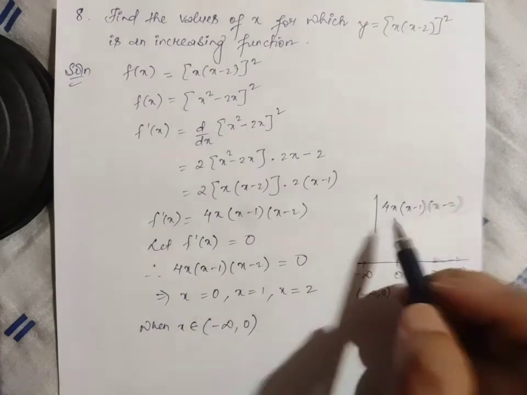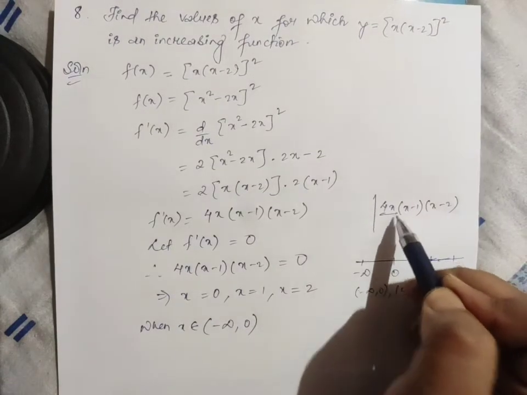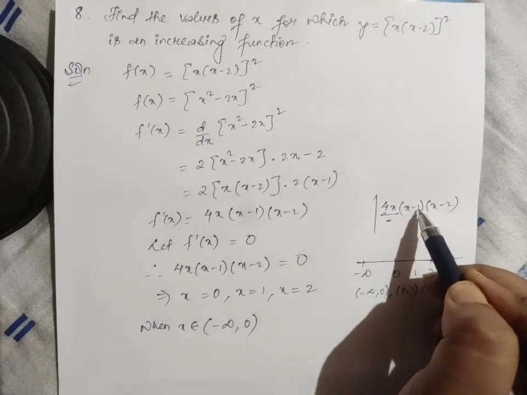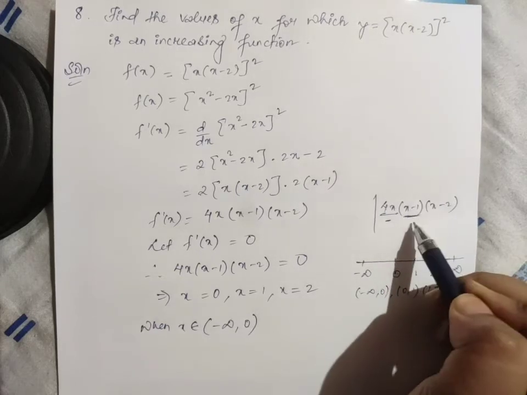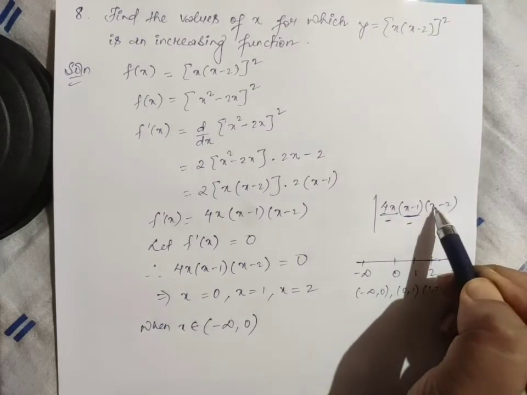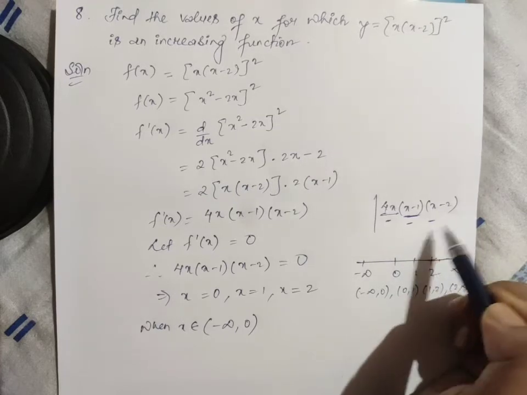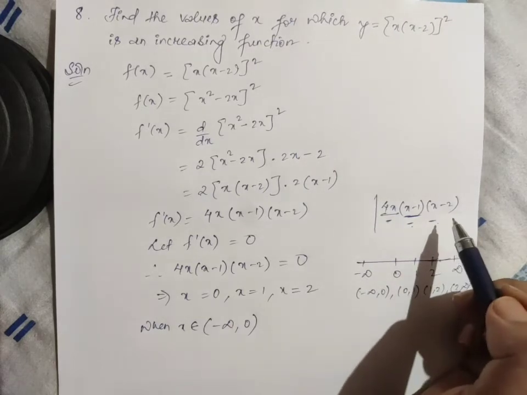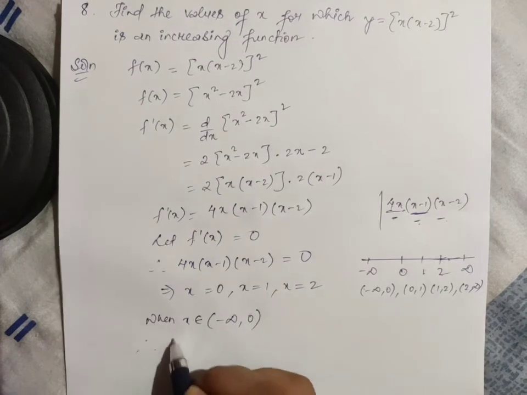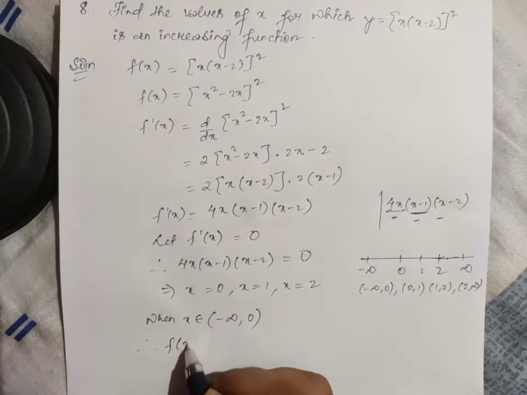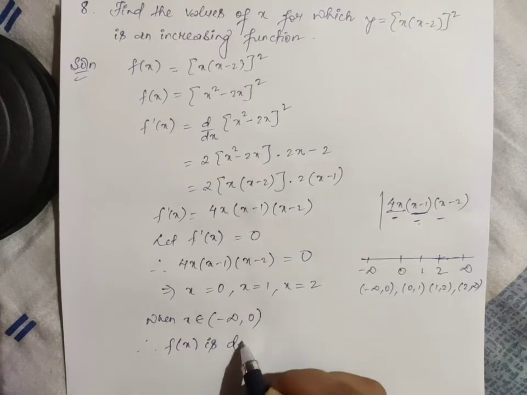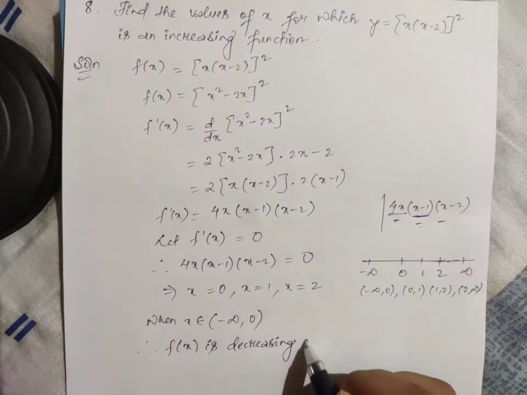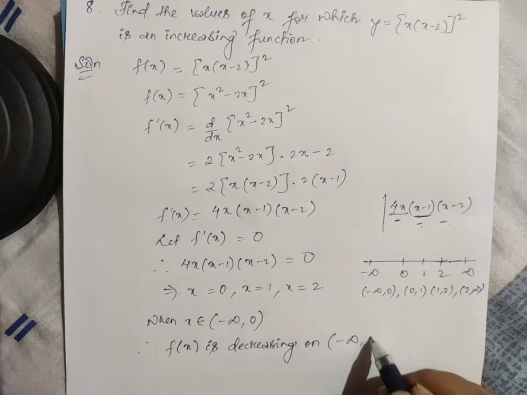If x is minus 1, then 4 into minus 1 is negative, minus 1 minus 1 is also negative, and minus 1 minus 2 is minus 3, also negative. Minus minus is plus, and plus minus is minus, so we are getting negative. Therefore f of x is decreasing on the interval minus infinity comma 0.